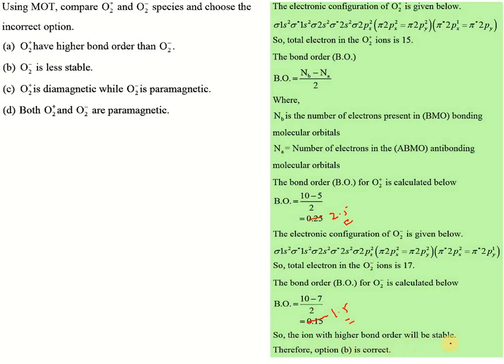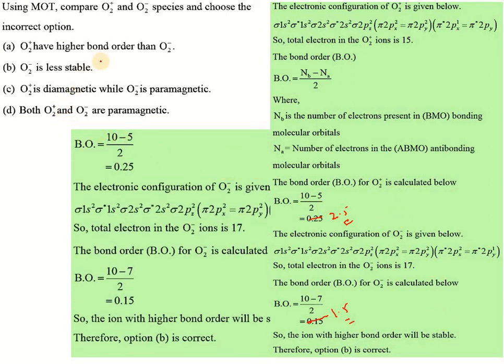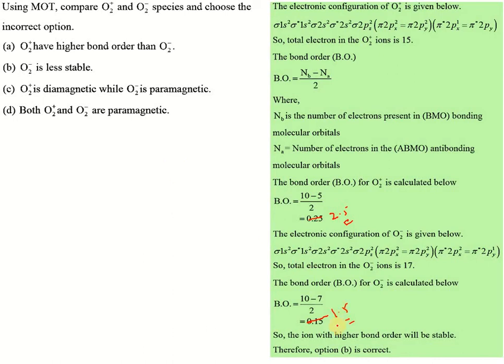So the ion with higher bond order will be stable, which is O2+. O2− is less stable, because O2+ is more stable.